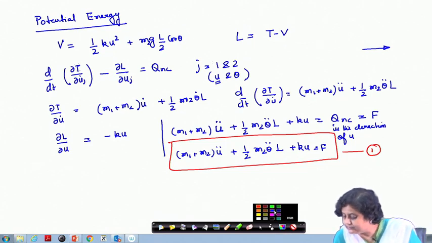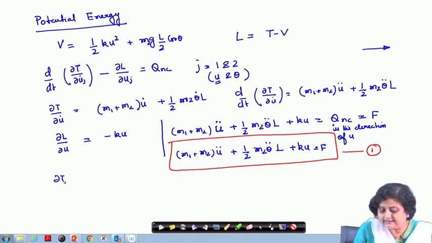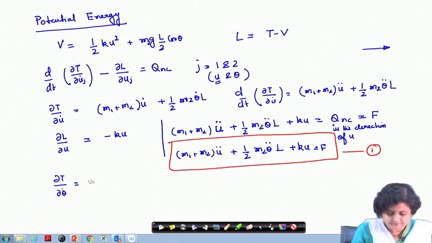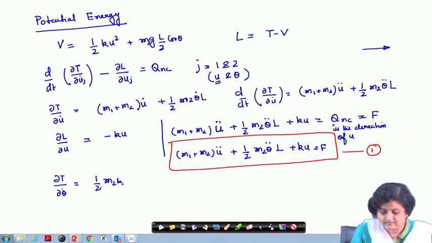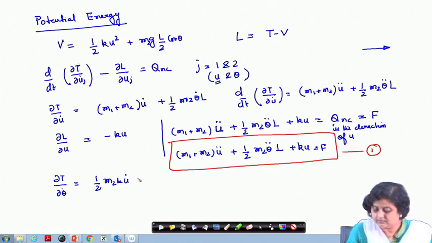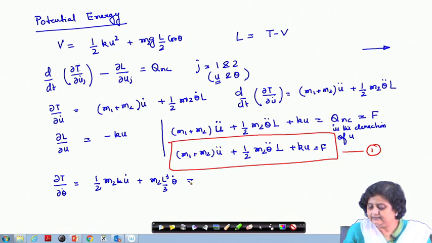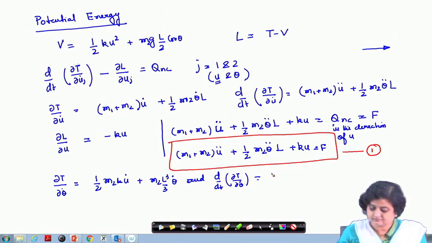We can find del T by del theta dot, which is going to be half m2 L u dot plus m2 L cube by 3 theta dot, and then d dt of that is going to give me half m2 L and so on.